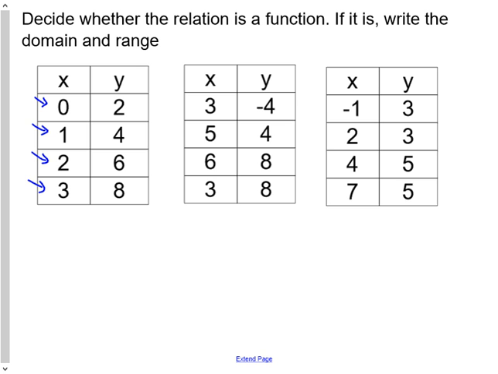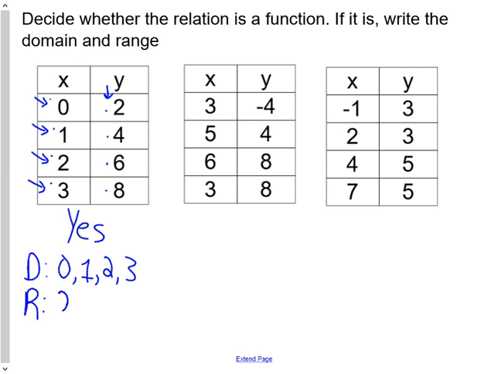There was no repeat, so the alarm didn't go off, and yes, it is a function. Now I'm going to write D for domain, and rewrite 0, 1, 2, 3, separated by commas. My range, symbolized by R, is all the y's without repeating: 2, 4, 6, and 8.